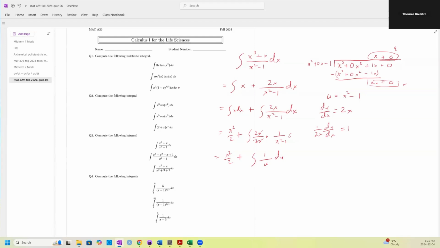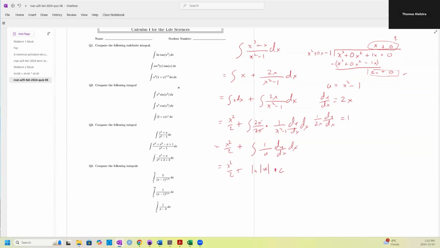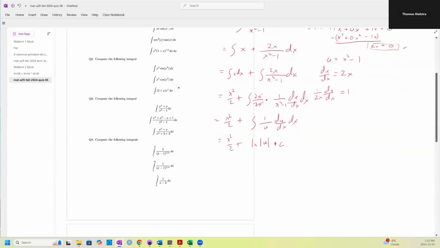Oh, I forgot to introduce my du by dx dx, which equals x squared over 2 plus ln absolute u plus c, which equals x squared over 2 plus ln absolute x squared minus 1 plus c, which is our solution.